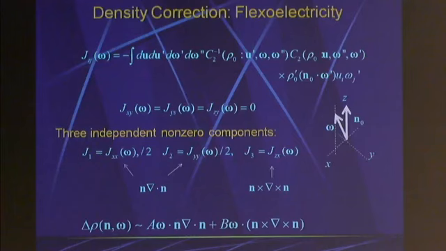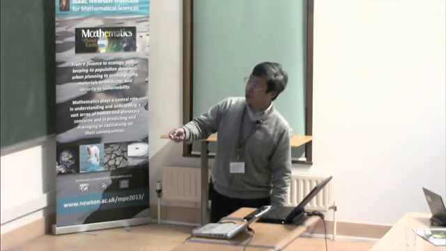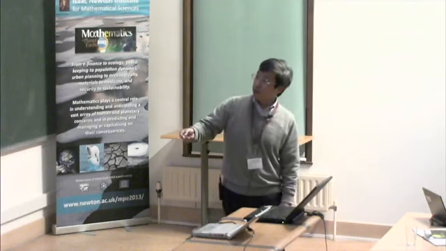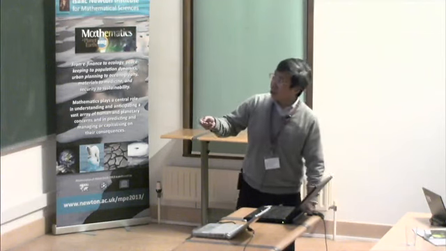So the density correction function, when it is evaluated in terms of the second rank tensor components as defined here, we see that jxy, yx, and zy should be 0, and we're left with 3 independent components, j1, j2, j3.